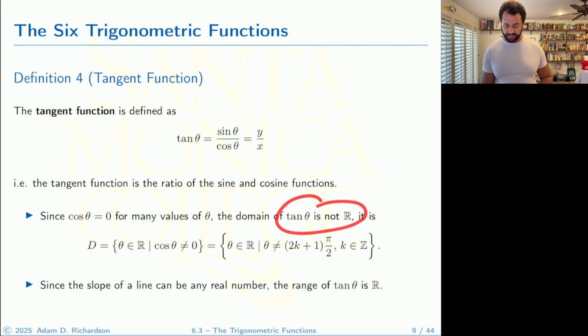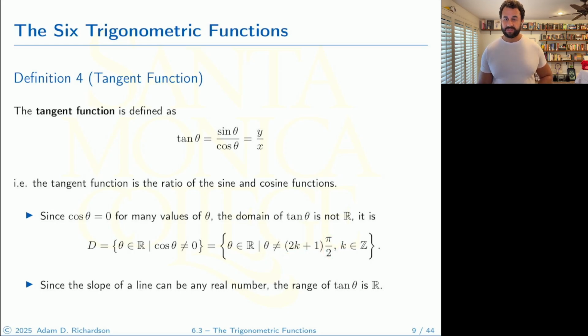So the domain of tangent is not the real numbers. There are some exclusions. We need to cut some points out of the real numbers. So the domain of tangent is all real numbers such that cosine of theta is not 0, okay? More specifically, it's all the real numbers where theta is not an odd multiple of pi over 2.